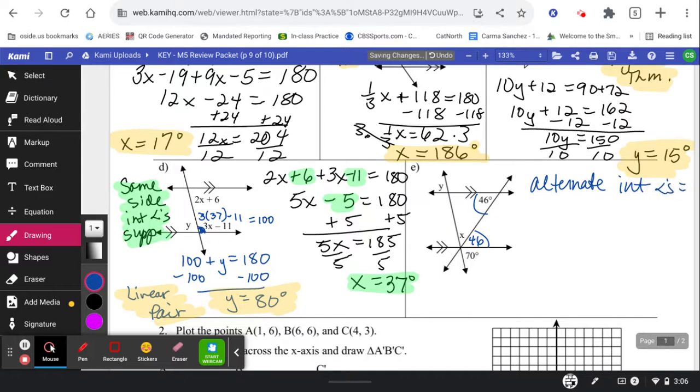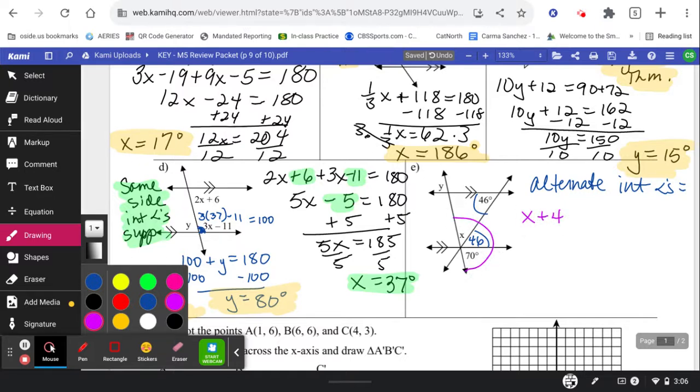So now that I see that that is 46, can't I do this entire thing right here? x plus 46 plus 70 has to equal 180 by adjacent angles on a straight angle. So that's 116, minusing 116 from both sides. I get 64 degrees for x.